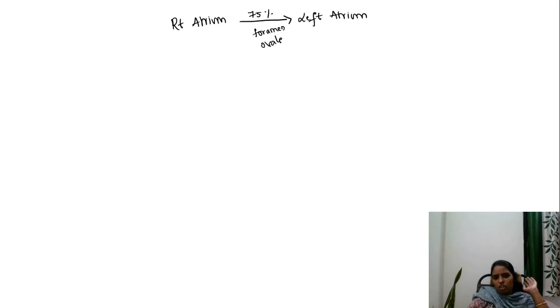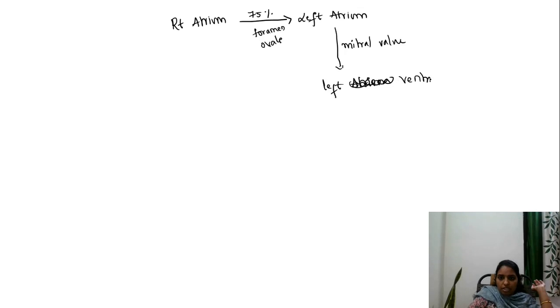The connection between the right atrium and the left atrium is the foramen ovale. From the left atrium, it enters the left ventricle through the mitral valve.